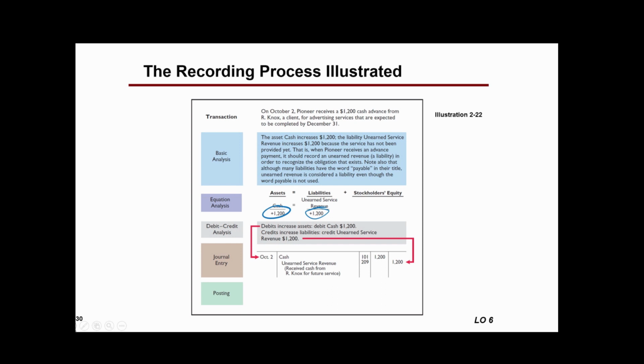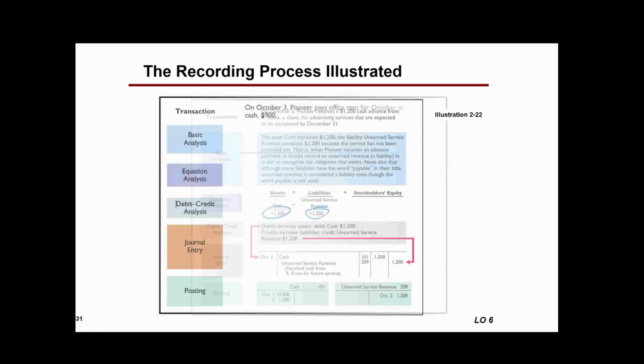Okay, underneath it, you put the explanation. You have to remember this. Then we post it to cash, and basically to the ledger accounts, you post it to cash and unearned service revenue. Any questions? Okay.